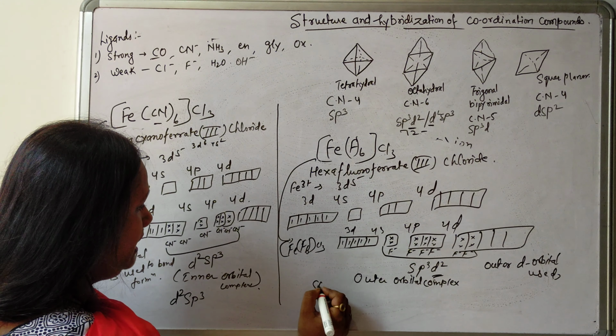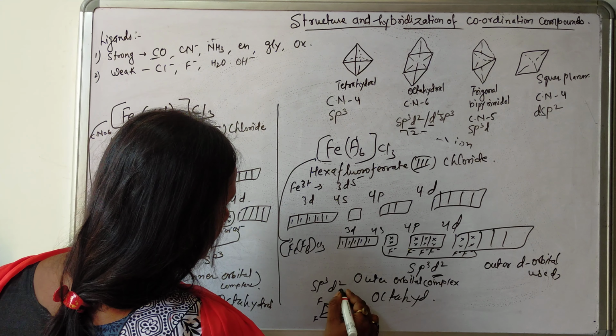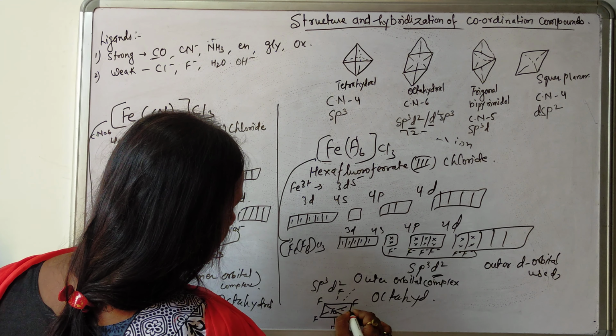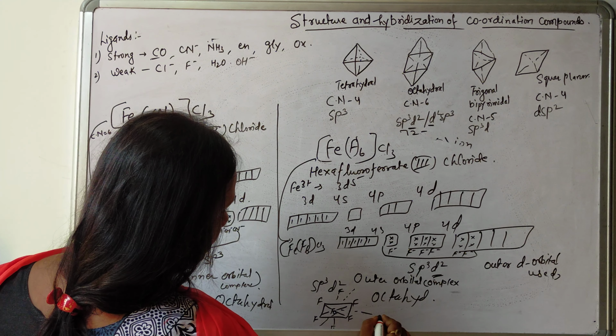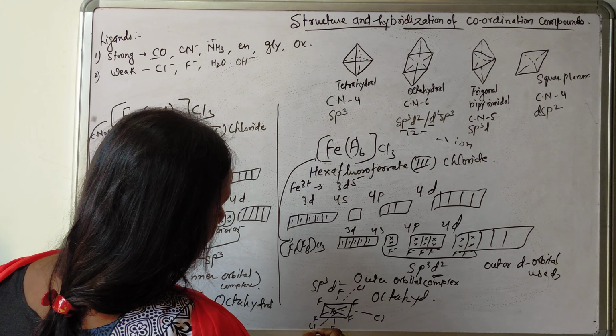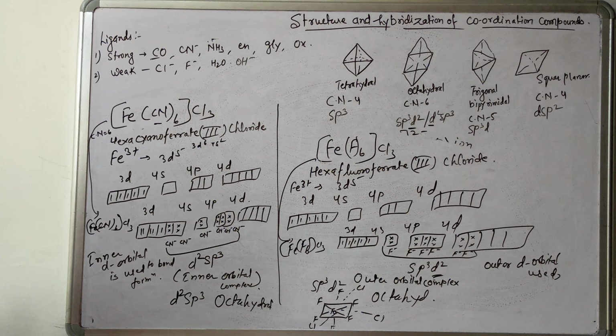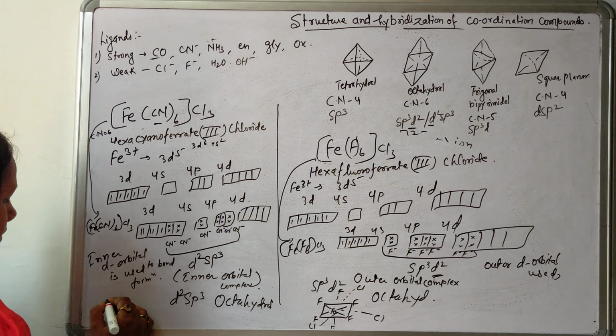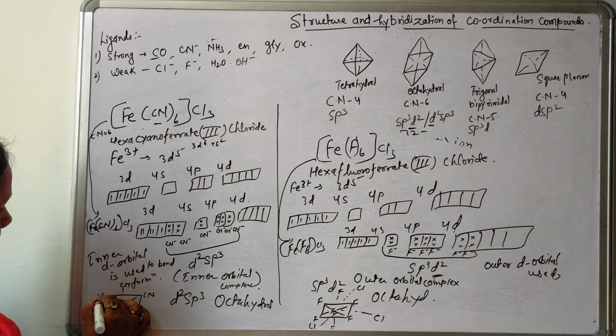As you remember from Werner's theory, 3 outer ligands are drawn by the dotted line. They are the ionizable valencies, and here it is also an octahedral structure. Cl, Cl, and 3 Cl will be like this.